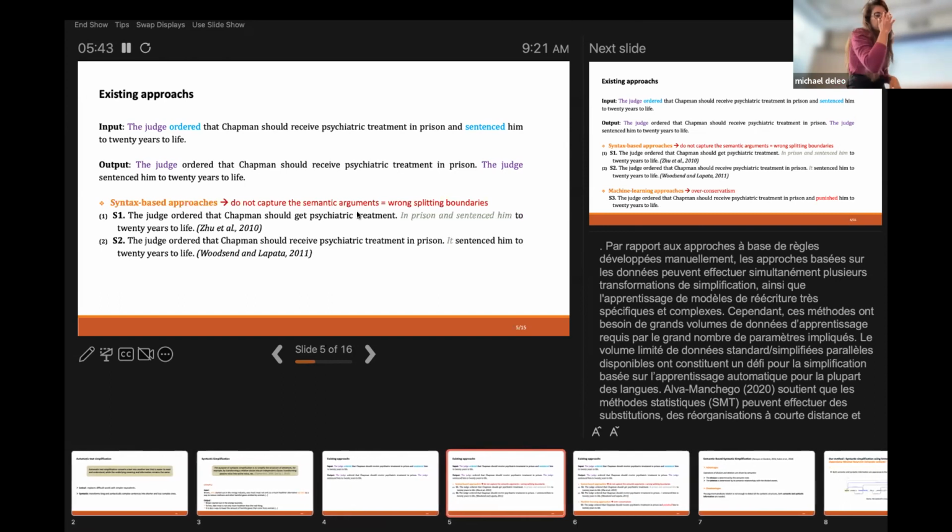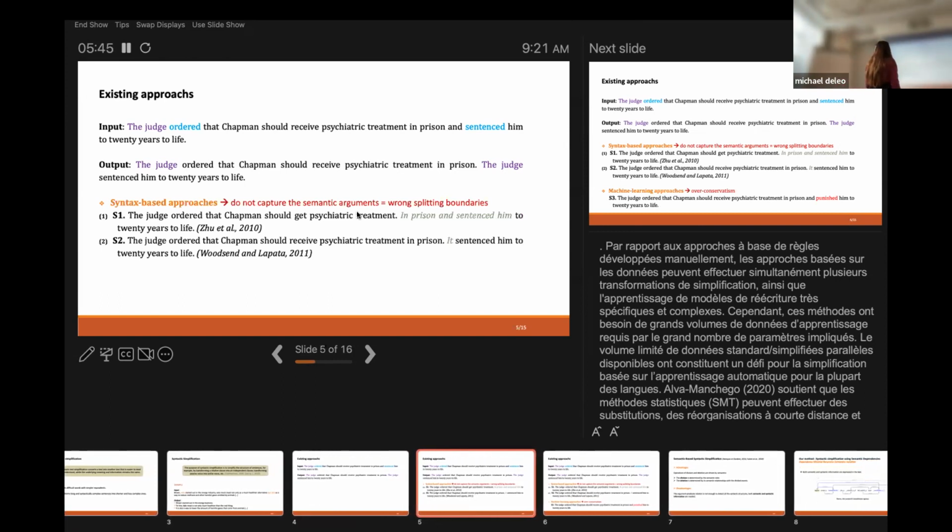So the existing approaches, if we take the syntax-based approaches, the first one did not recognize where the splitting boundary is. Here the splitting boundary is "and", but the system did not recognize it, so it splits in an incorrect place.